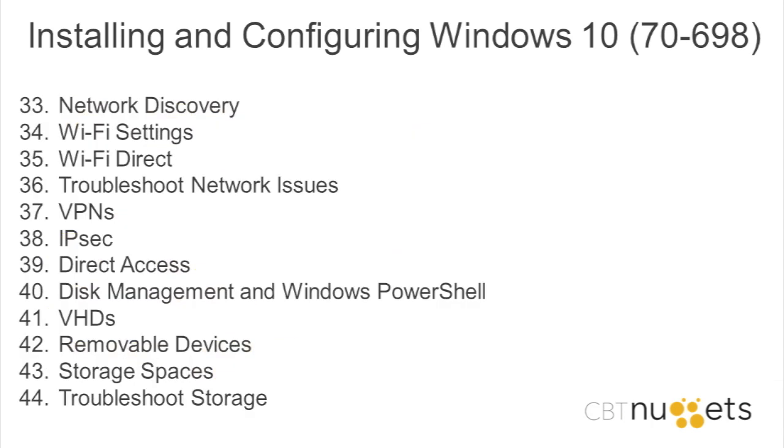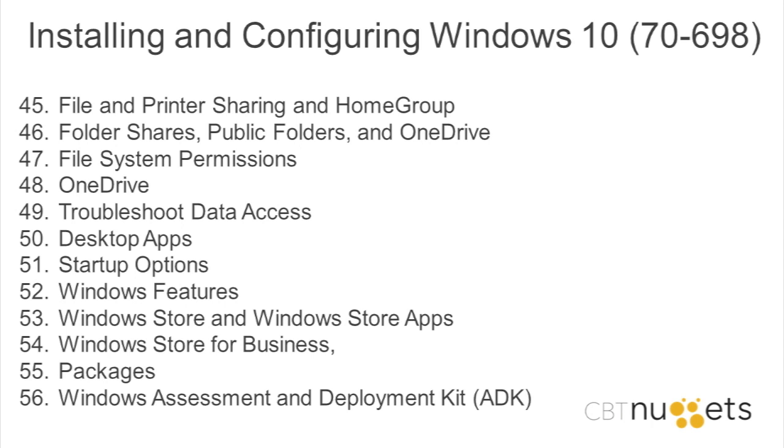We'll then move into topics like network discovery, Wi-Fi, VPNs, disk management, virtual hard disks, removable devices, the new improvements with storage spaces, and a nice wrap up on storage with a look at troubleshooting storage infrastructures.